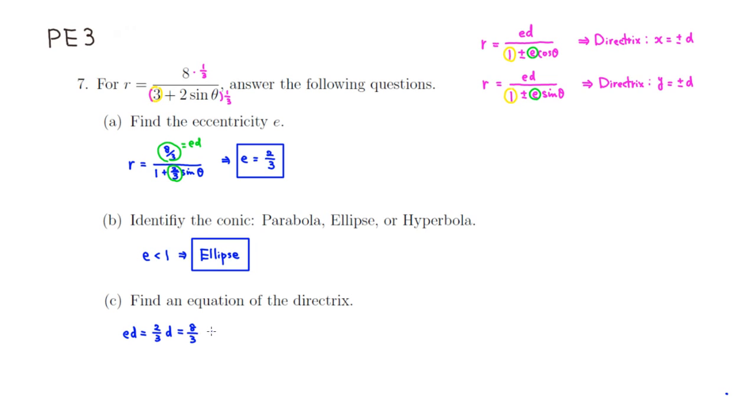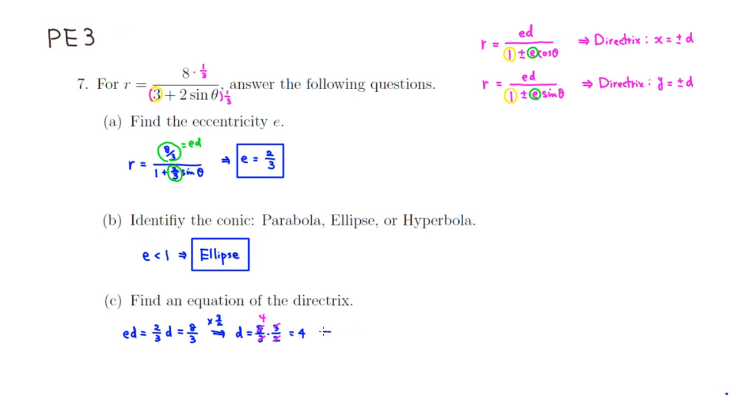Then we can multiply both sides by 3/2 so we can isolate d. So 8/3 times 3/2, we can cancel 3 and 3, and 2 and 8, so you get 4. So d is equal to 4.